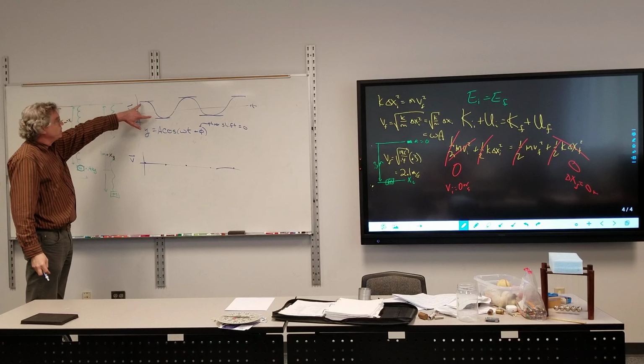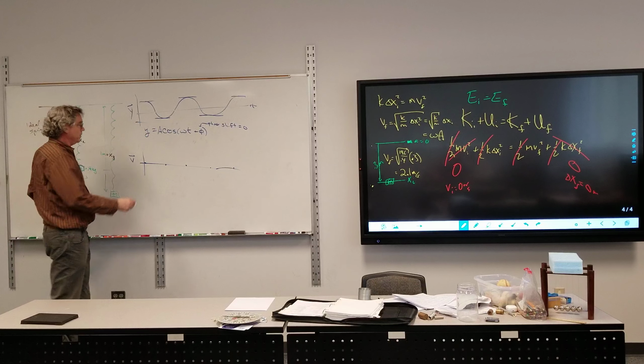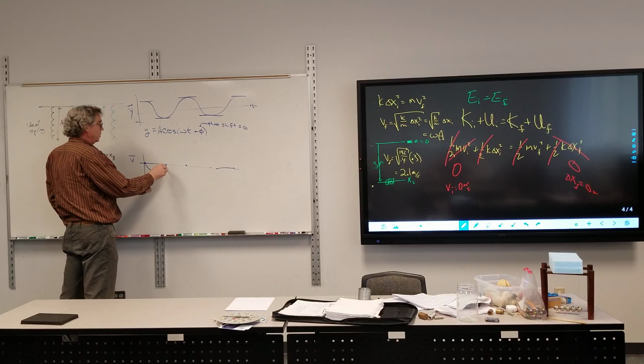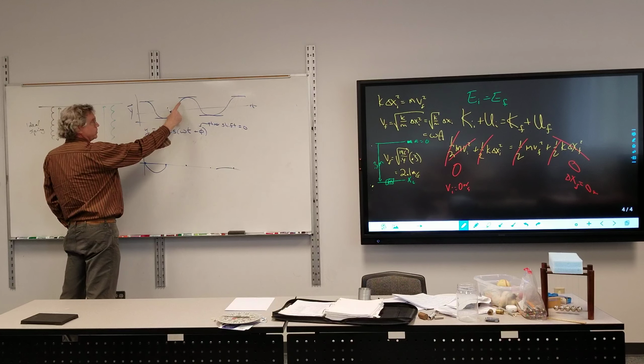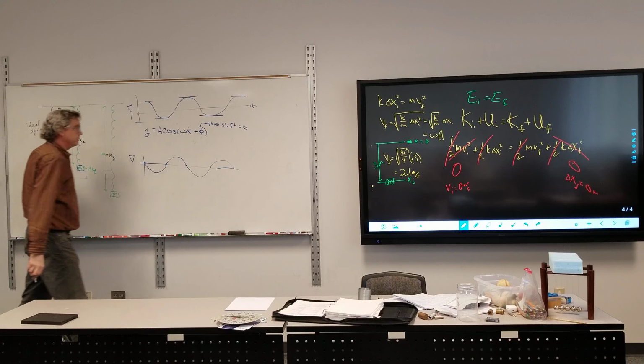In this first region here, is that a positive or negative slope? Negative slope. Yeah, negative slopes go that way, so it's negative. And then in the next region, positive, and so forth. And what is this graph?